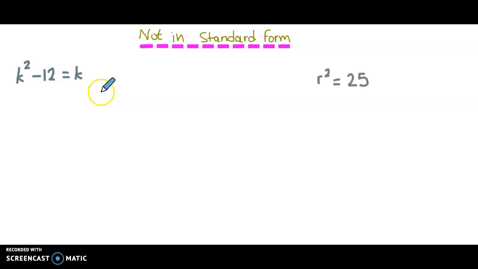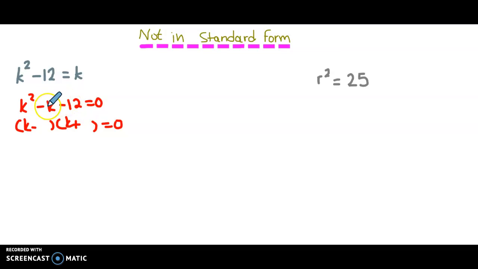For these two, I don't have them in standard form. So let me put this in standard form. I'm going to bring the k over, which means subtract it, and I will put it in standard form also, equals 0. So everything on the left equals 0. Now I have it in standard form, and I'm getting ready to factor, setting up my parentheses equals 0. This is telling me one of each. 12: 6 and 2, 4 and 3, or 1 and 12.